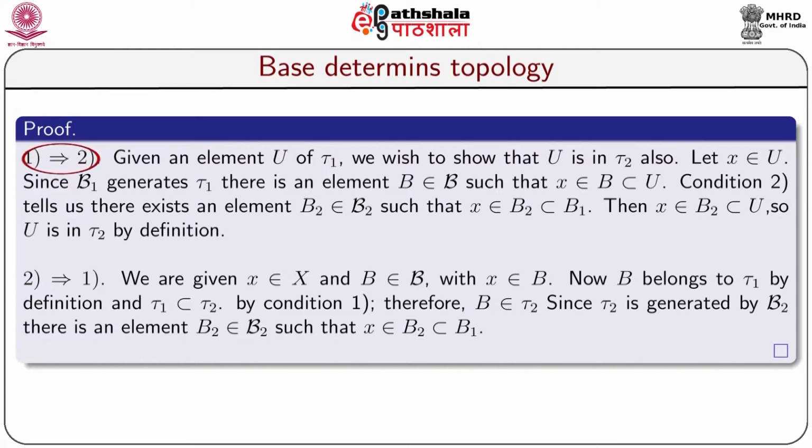Proof. 1 implies 2. Given an element U of tau 1, we wish to show that U is in tau 2 also.